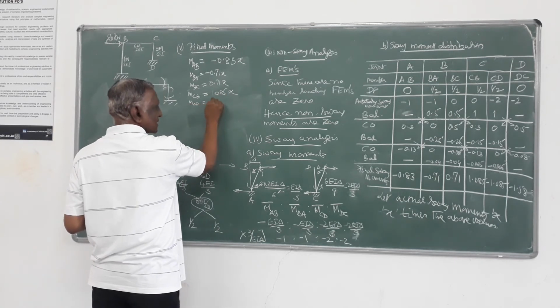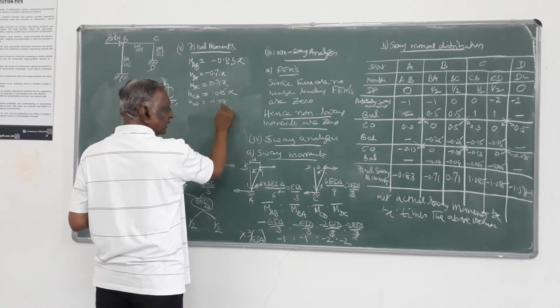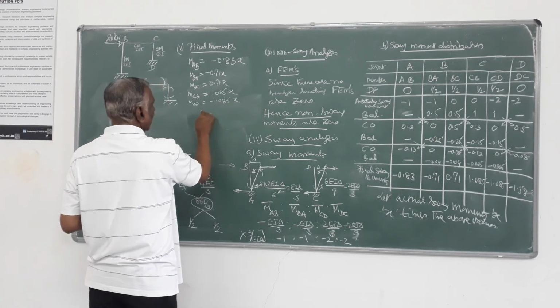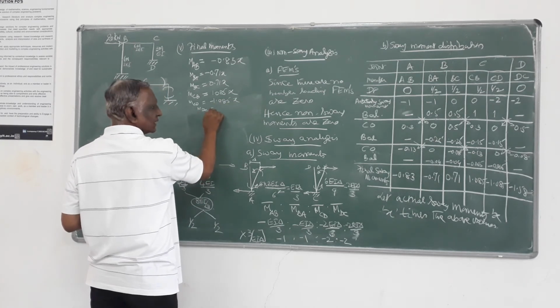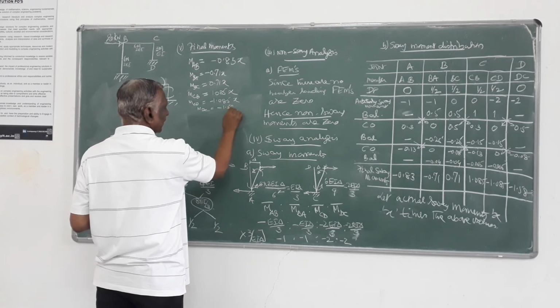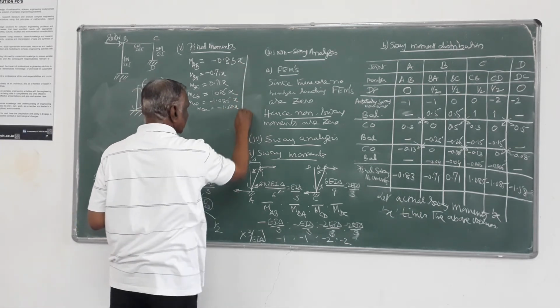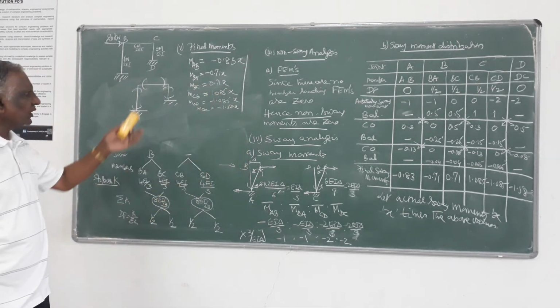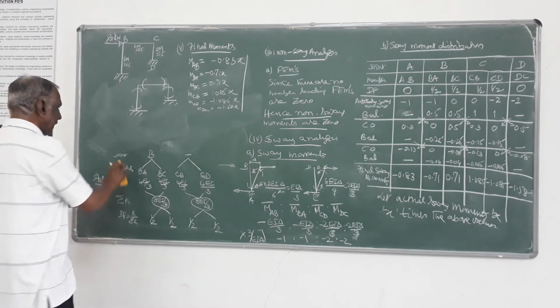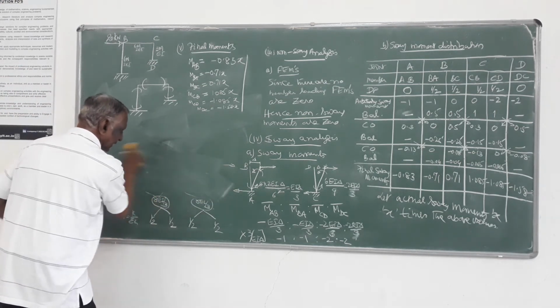MCD minus 1.085x and MDC is minus 1.58x. These are the final moments. You have to evaluate x by applying that sway condition.